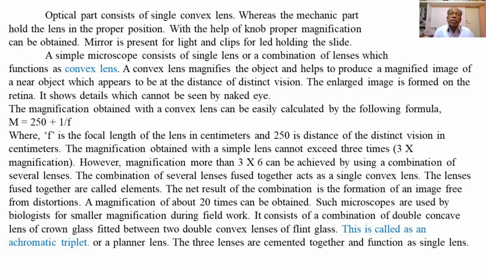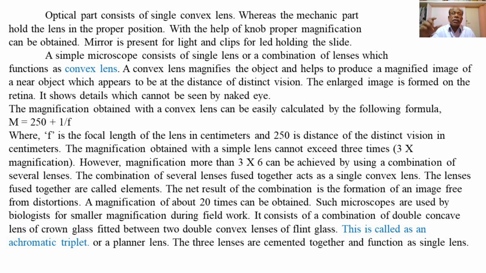However, magnification more than 3x, or 3 into 6, can be achieved by using a combination of several lenses. The combination of several lenses fused together acts as a single convex lens.